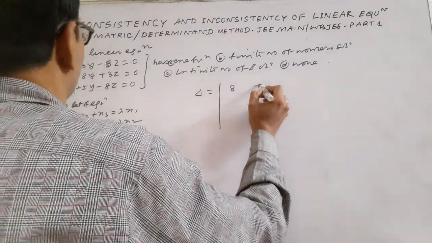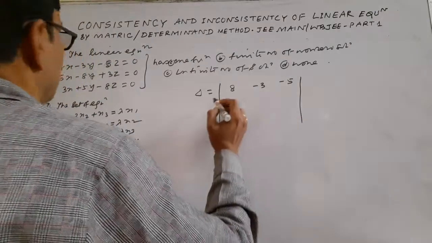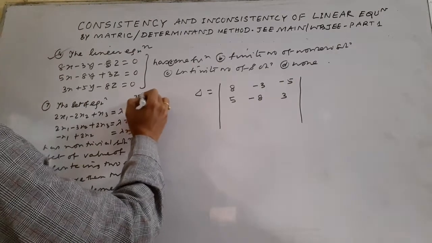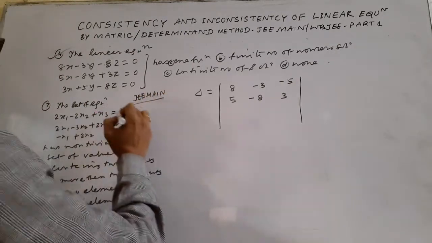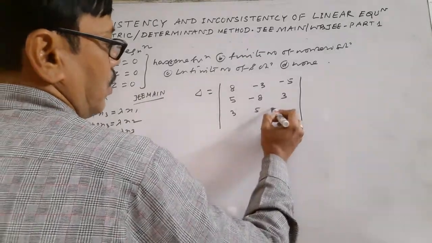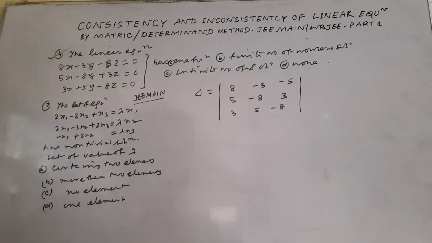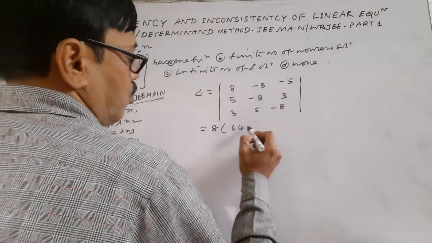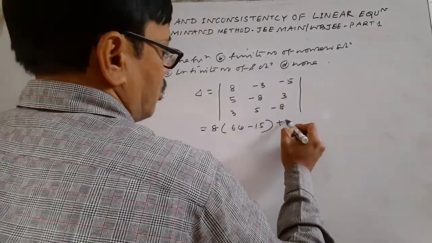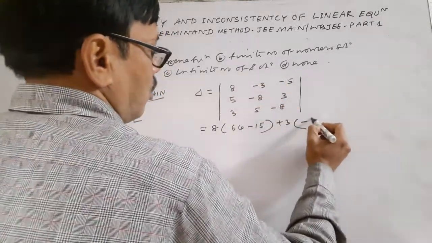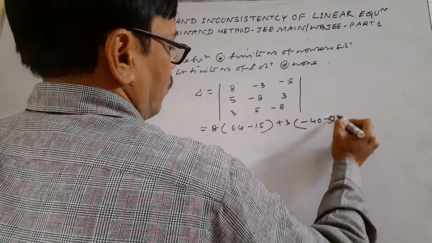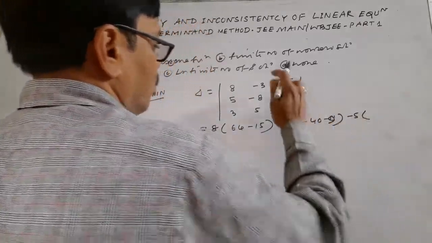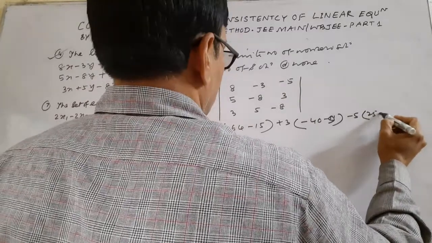So 8, minus 3, minus 5; 5, minus 8, 3; 3, 5, minus 8. These are all JEE Main problems. This is delta. If you simplify, 8 into 64 minus 15, plus 3 into minus 40 minus 9, minus 5 into 25 plus 24.